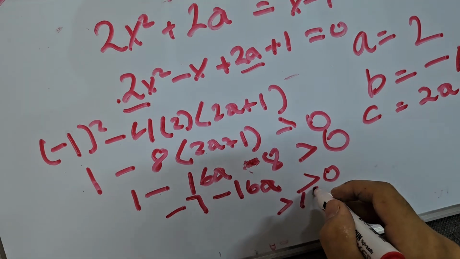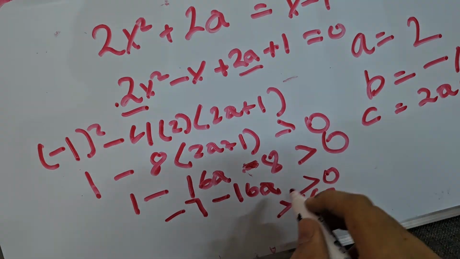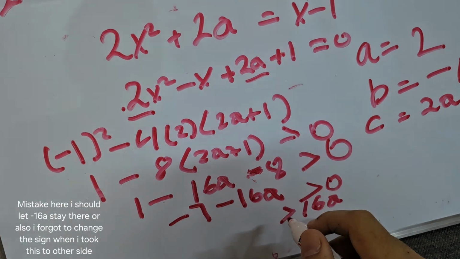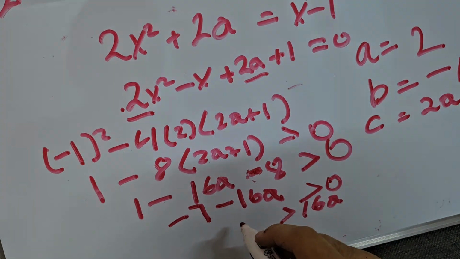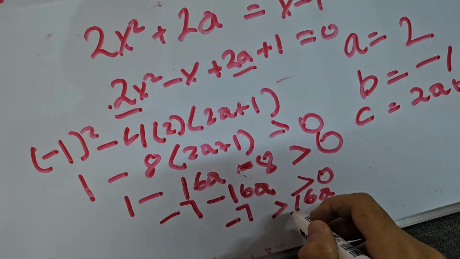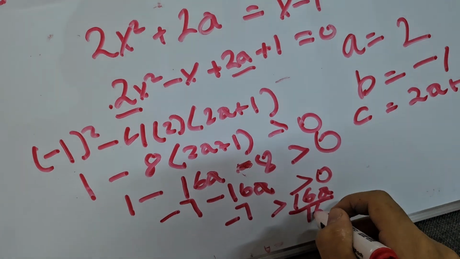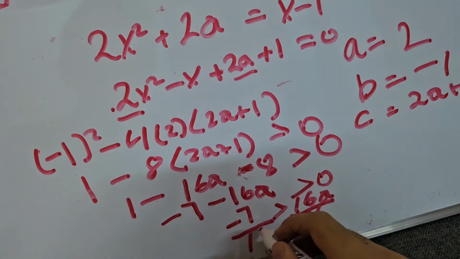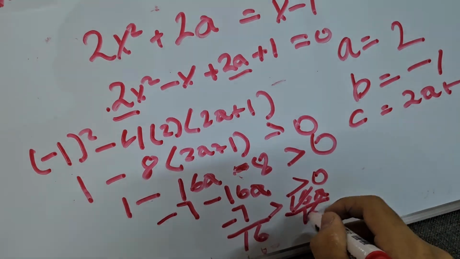So we can take 16a to the other side, and we have minus 7. Now you divide both sides by 16, so that will cancel out.